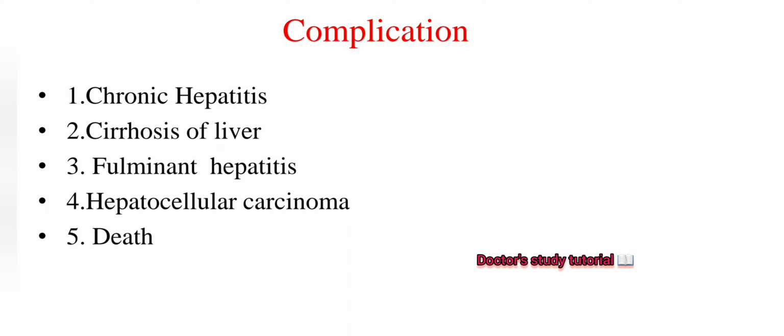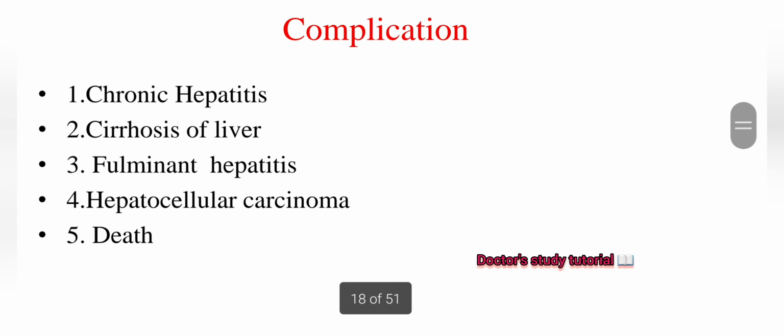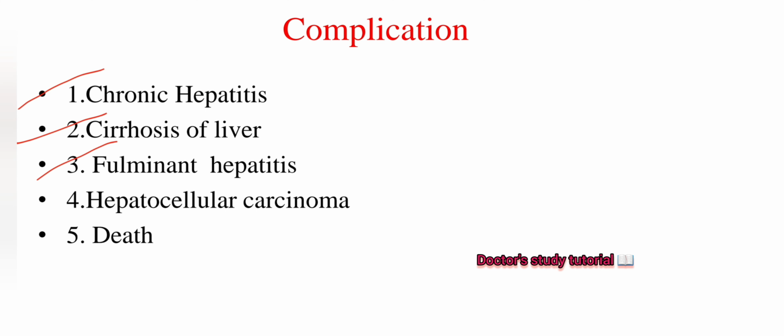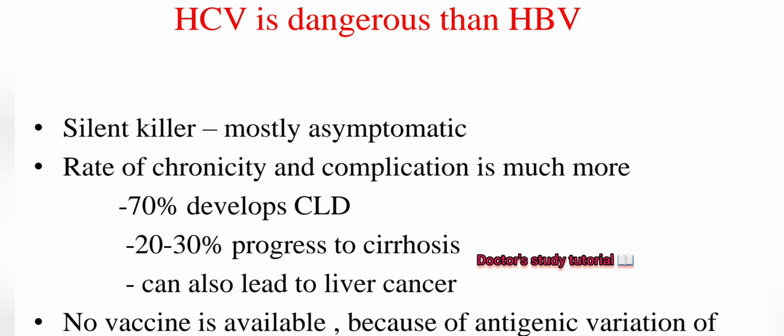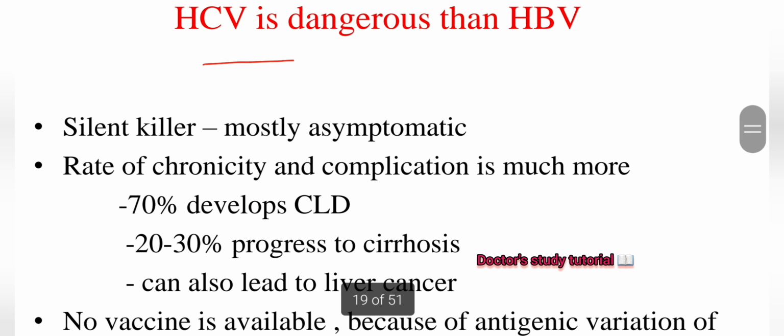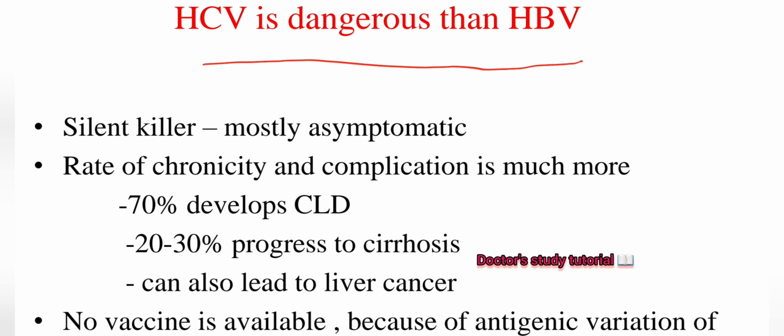Then another important topic is complications. The complications of hepatitis C are chronic hepatitis, cirrhosis of the liver, fulminant hepatitis, hepatocellular carcinoma, and death. A very important viva question is why hepatitis C virus is more dangerous than hepatitis B virus?